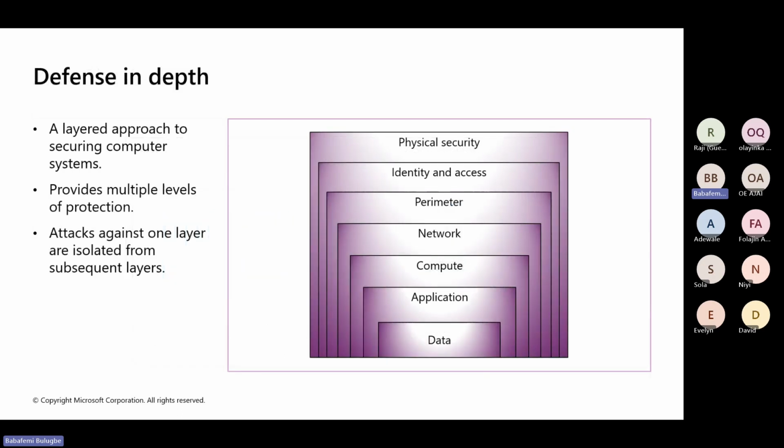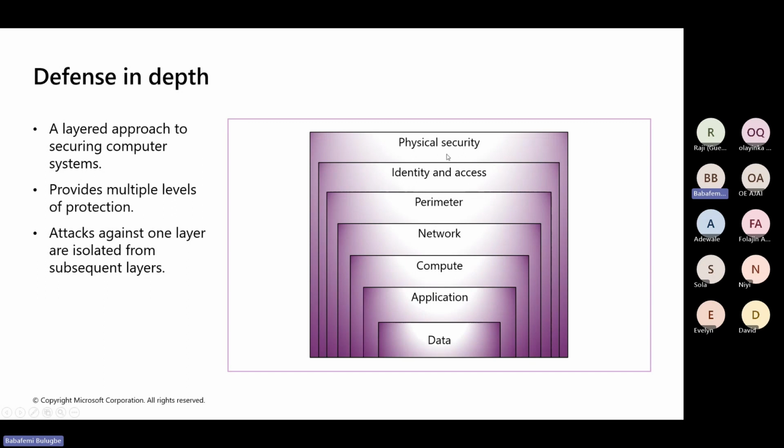Defense in depth, like I said, we have layers, and for every layer, we'll make sure that there is a security, there is a barrier, regardless of the layer you are accessing from. So I explained that if you are in a building, before you can access the building, access your room, access your flat, every layer, when you come into that building, there is security in place to make sure you do not just get to the data layer without passing through all this.